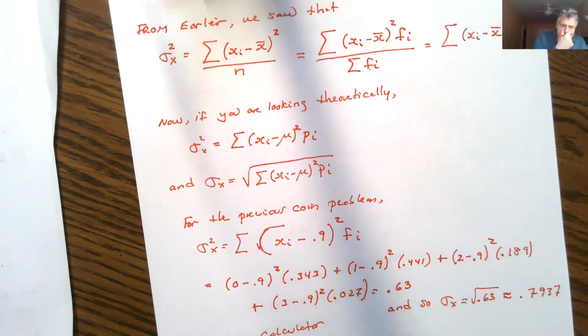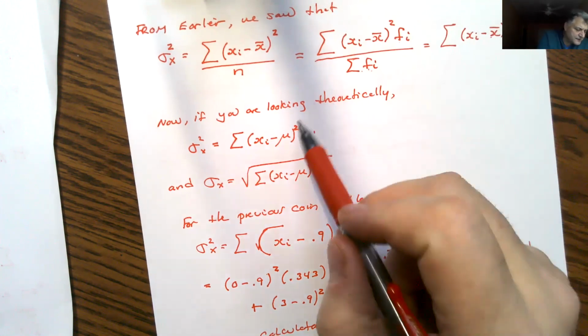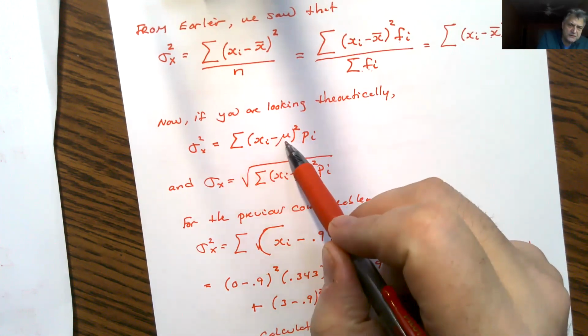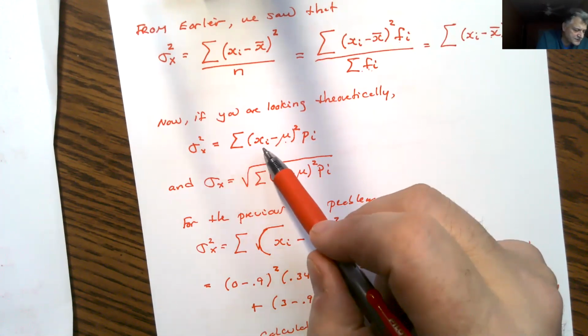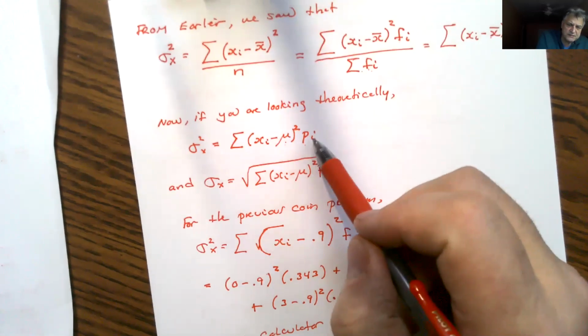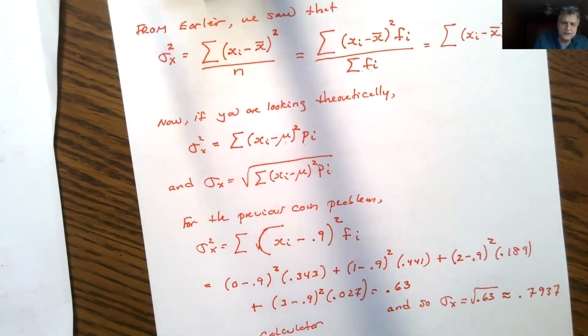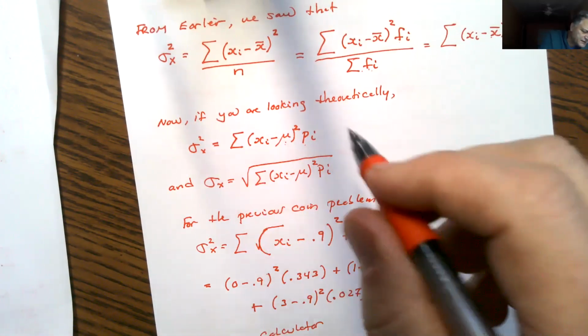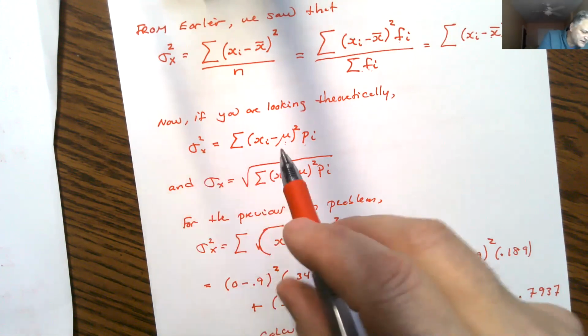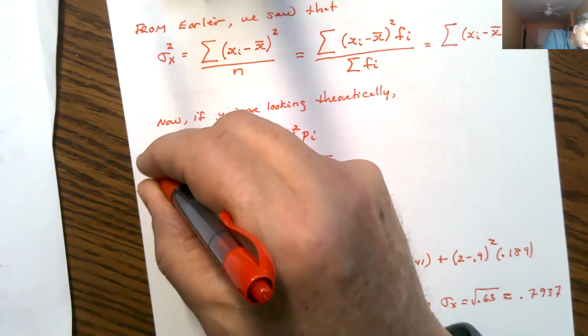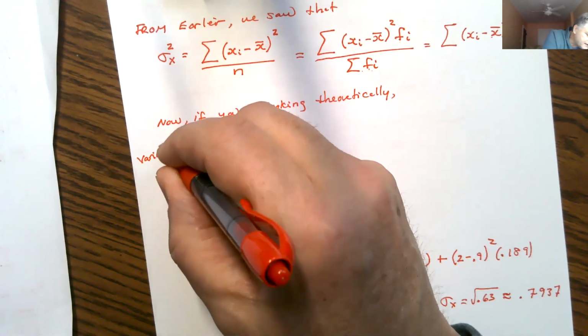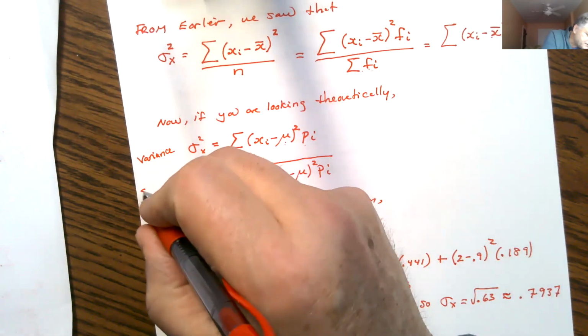Now if you're doing it theoretically, instead of using x bar, the theoretical mean is mu, so I get this formula: summation of (x_i minus mu) squared times p sub i. So that's the formula for population variance, and this is population standard deviation.